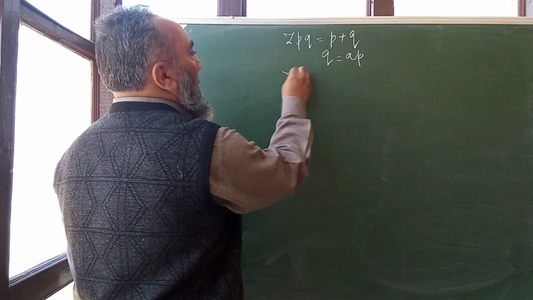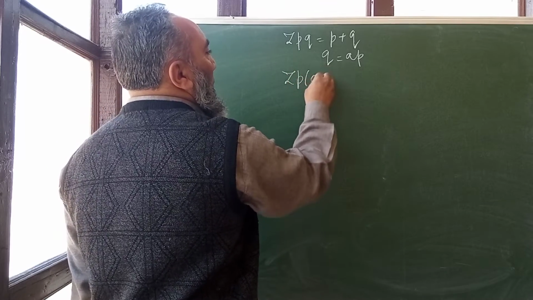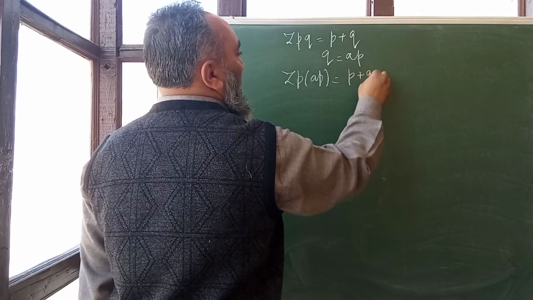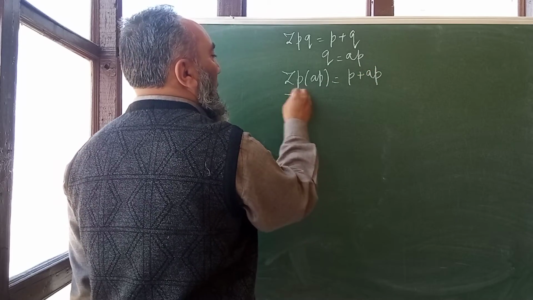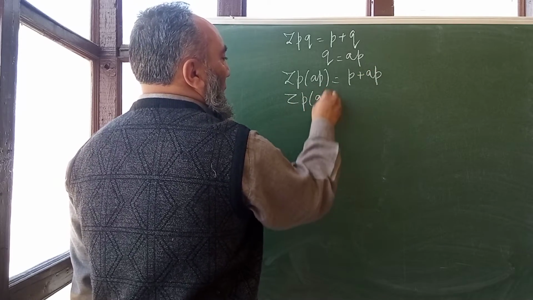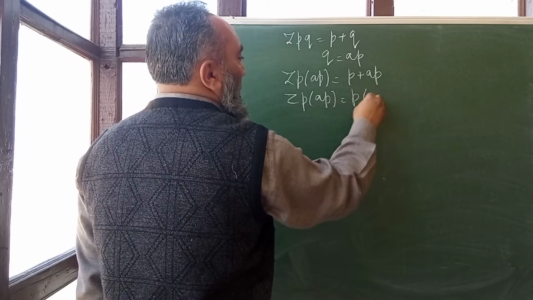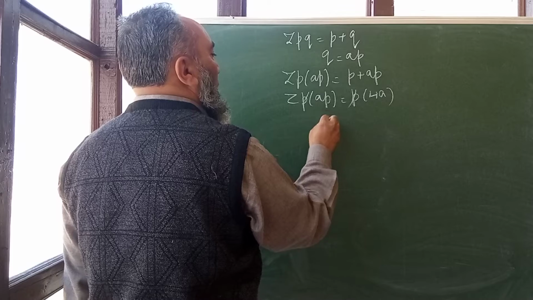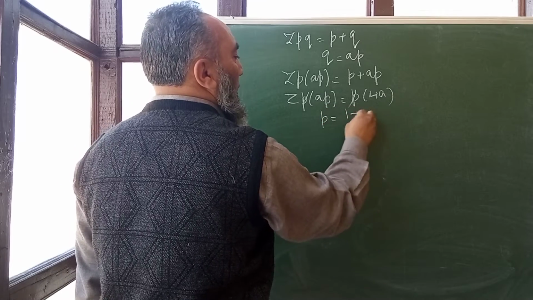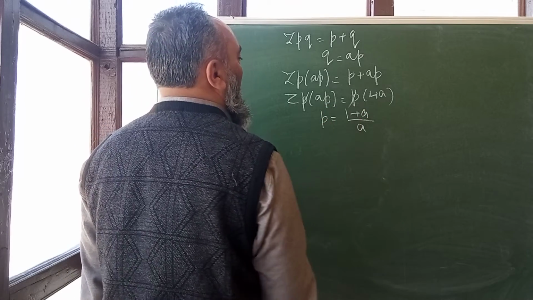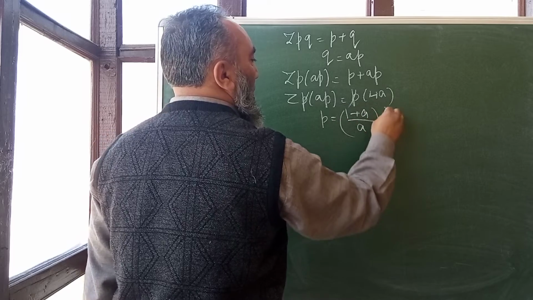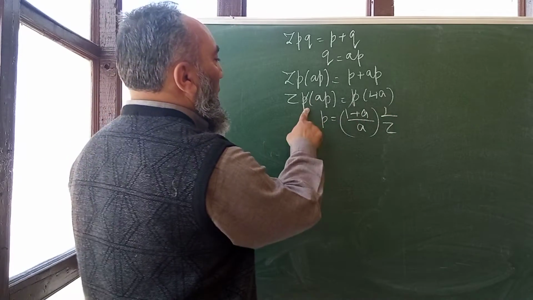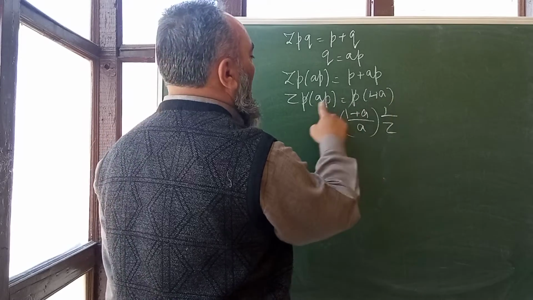So it is Z P AP equal P plus AP, or Z P AP equal P into 1 plus A. So P is equal to 1 plus A upon A Z. Okay.